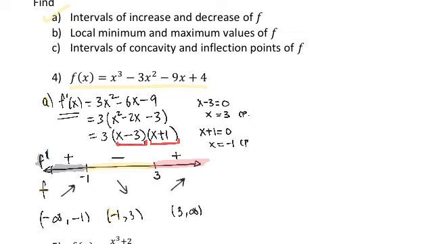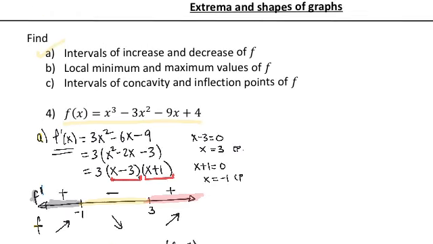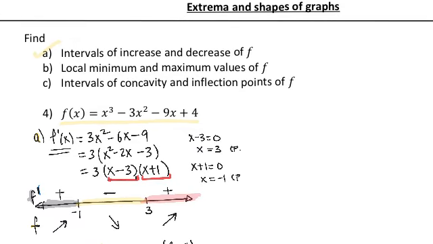So my intervals of increase are negative infinity to negative 1 and 3 to infinity, and my interval of decrease is from negative 1 to 3.